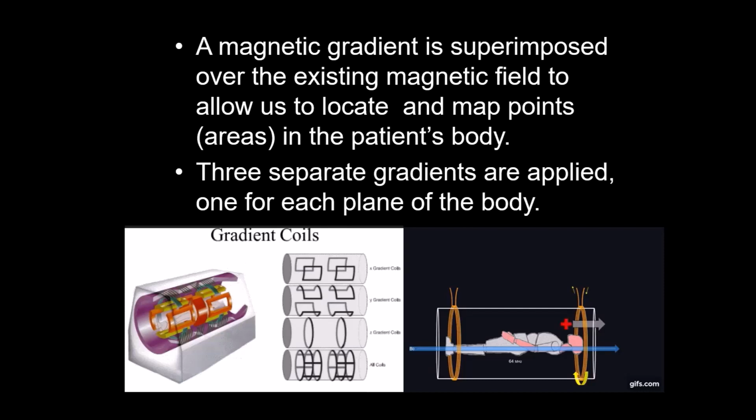That's the gradient actually torquing around the magnet. But while we're torquing, we're actually creating a slope in the magnetic field that is going to be superimposed over the existing magnetic field so that we can map points on the patient's body.